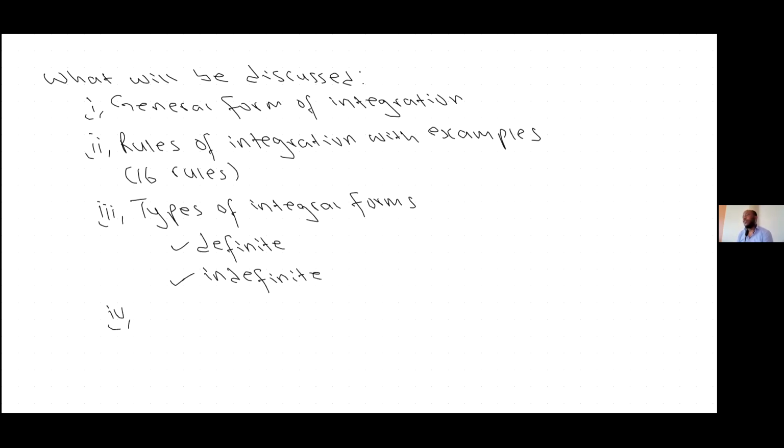Then I'll finish it up with some applications. Here I'll talk about different concepts like area under the curve and the trapezium rule.